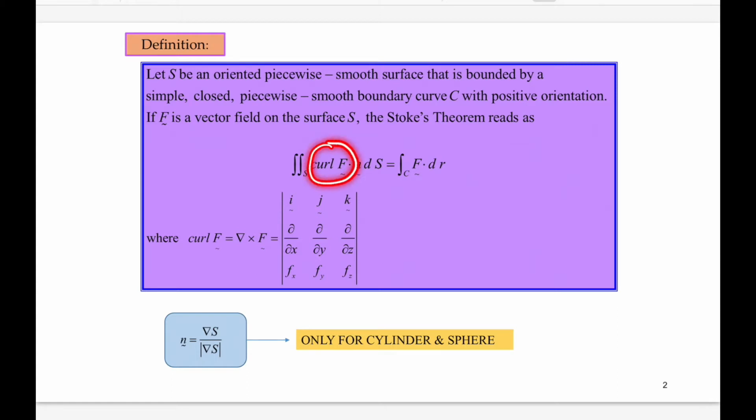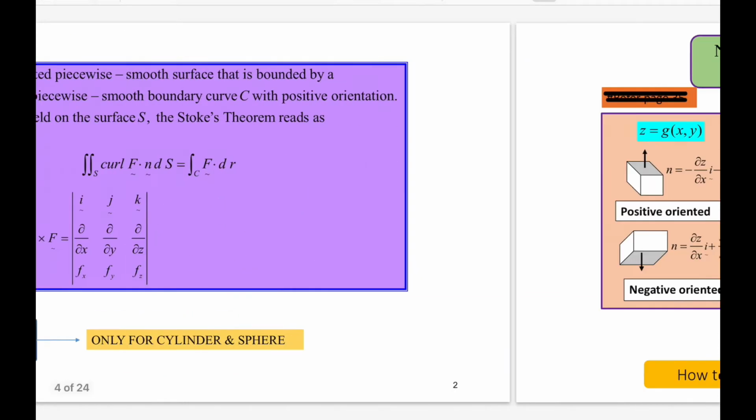Remember that the curl of a vector field is calculated by taking del cross F, where del is a vector: del x, del y, and del z. This is how you find your N for a cylinder and sphere: del S over magnitude del S.